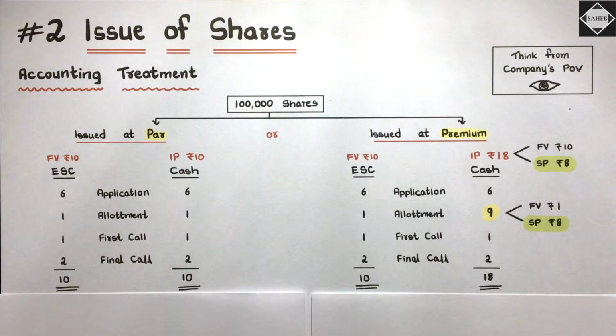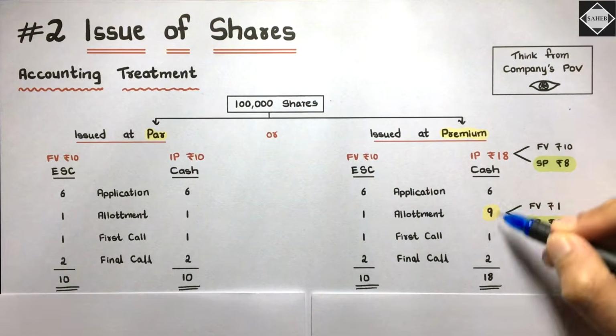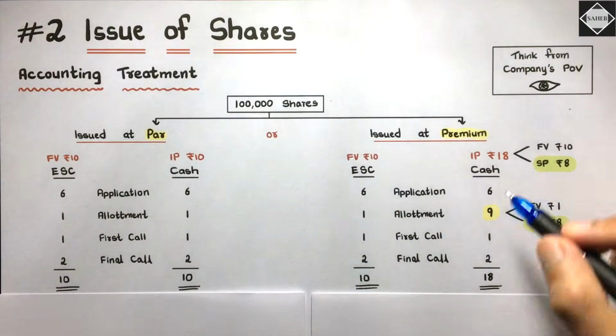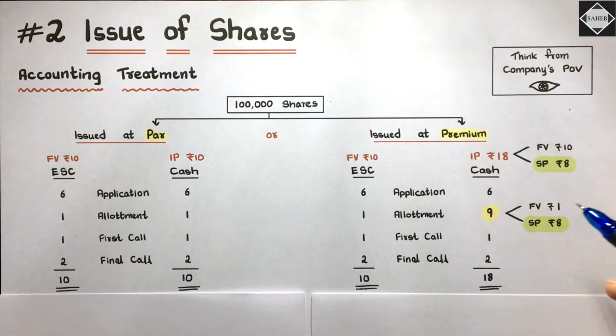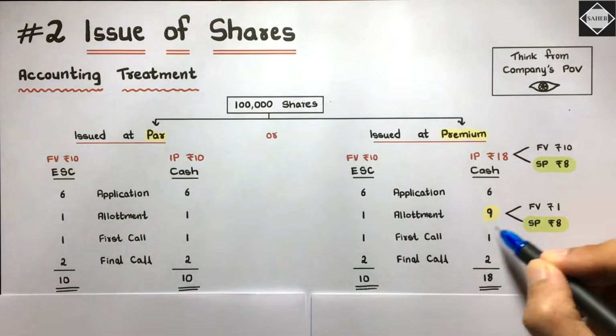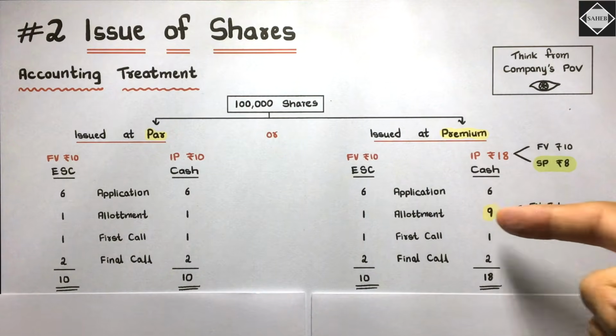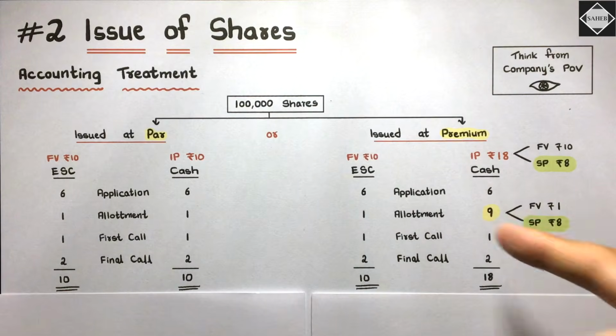Now you have to understand how money will go into the equity share capital account. In the installments which you have received, you have to understand what the face values are. See, 6 is face value, it will go in the equity share capital account. Now in this 9, let's just say the question has said that there is premium money in this allotment money.